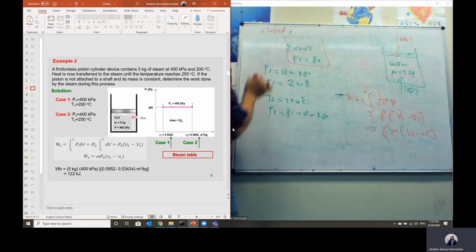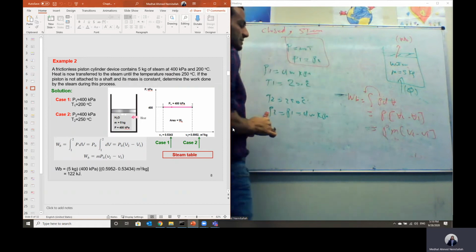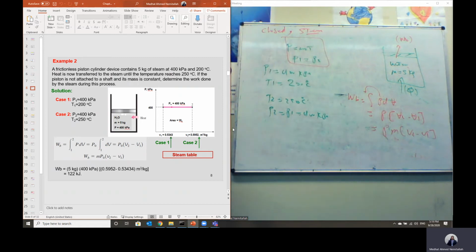Second, we have to determine the working fluid. In this case the working fluid is steam, so I will be using a steam table. If we have steam or water at 400 kilopascal, 4 times the atmospheric pressure, and the temperature is equal to 200, I think this should be a superheated steam. But anyway, you have to check.